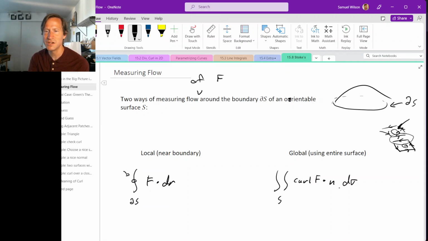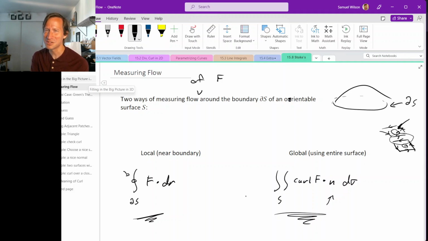And of course, we need a normal vector. We need to orient our surface to make sense of this integral. So we have a local way near the boundary of measuring flow around the boundary, and we have a global way looking at the entire surface. And it feels like these should be related, right?